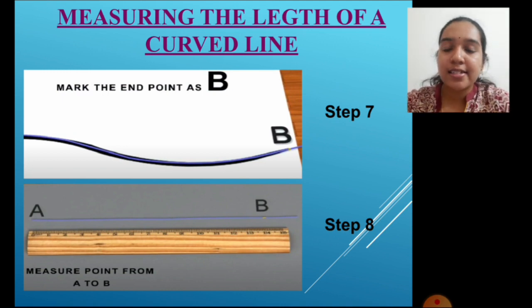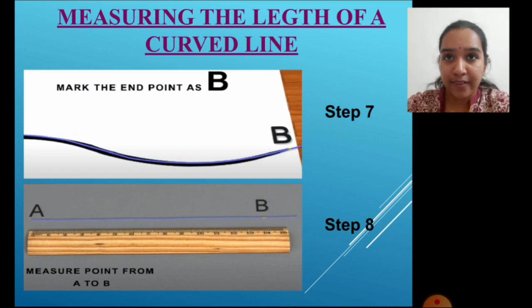From the materials you have brought, take your ruler scale and place it on a plain surface, and place the thread just above the markings of the ruler scale and measure the thread along its length between the said markings, that is, from the knot placed to the marking you have marked on the thread.